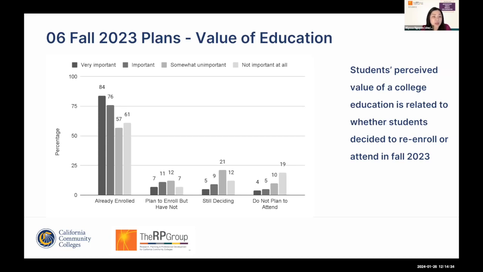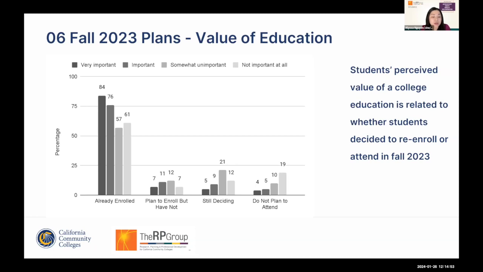So here we can see some pretty clear patterns. If we look at the figure all the way to the right under "do not plan to enroll," we can see that students' perceived value of education does appear to be related to whether or not students decide to re-enroll or attend.